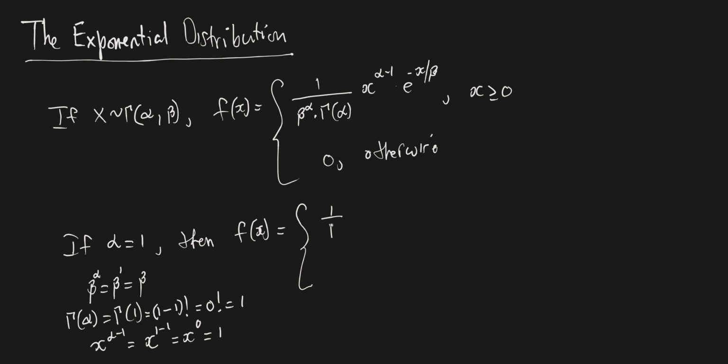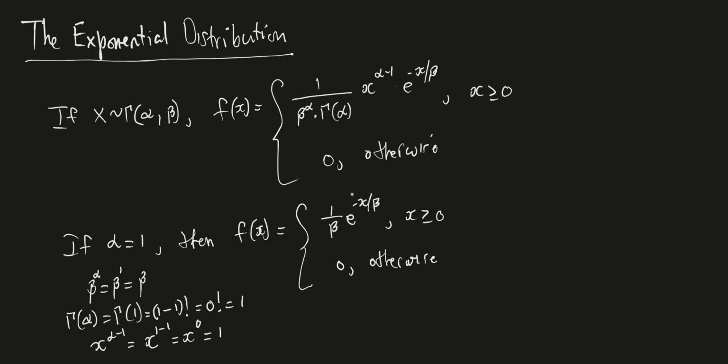So this is what it looks like, right? So 1 over beta, and then the sample space doesn't change. The only assumption that we're making is that alpha is now equal to 1, and a lot of it reduces. And this is what the PDF looks like.